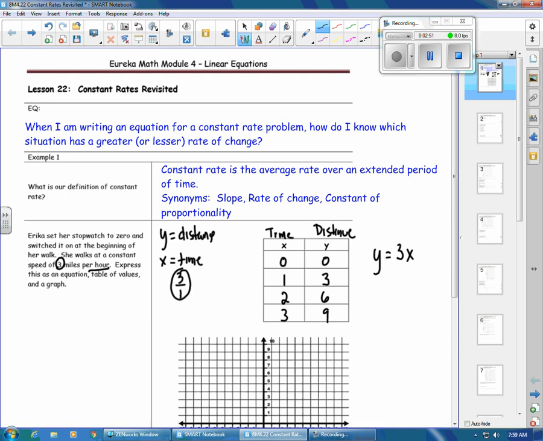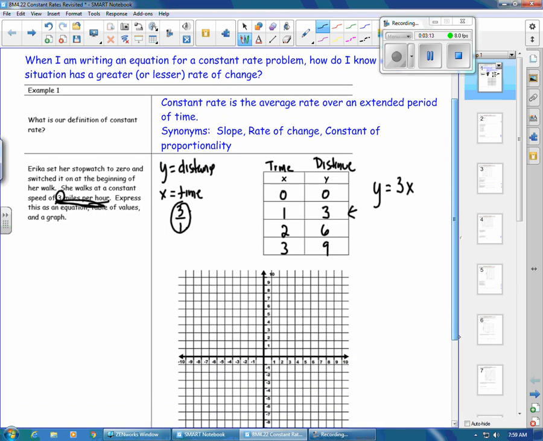We could plug all of those values into the equation, but hopefully the math is so easy that you're not requiring me to do that, because it says in 1 hour, she's going 3 miles here in the problem. So that one I didn't even have to do any math for. Hopefully you recognize that in 2 hours we'd be doing 3 times 2, and that's going to equal 6. 3 times 3 equals 9.